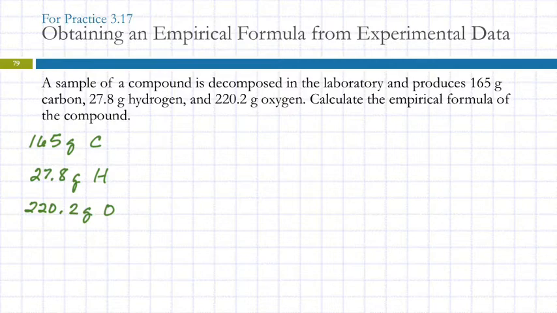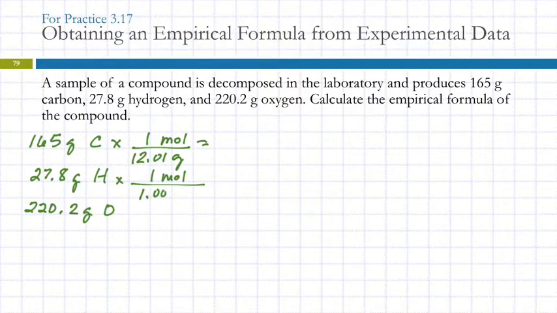The formula has ratios of moles or of atoms, and so we need to convert these from masses into moles. And we do that using the molar mass of the element. So we want grams on the bottom and moles on top. So carbon would be 1 mole per 12.01 grams. Hydrogen, 1 mole per 1.008 grams.